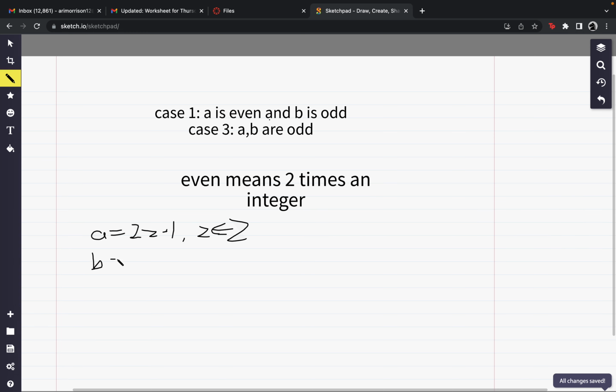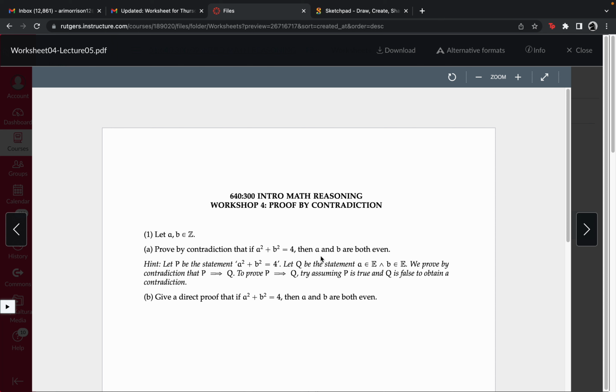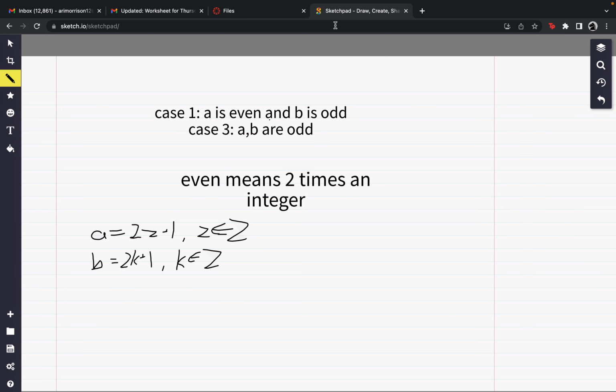And B will be 2k plus 1 for some k that's an integer. And now we're going to have 2z plus 1 squared plus 2k plus 1 squared equals 4. We're just going to plug it back into this. So A and B are being replaced by these expressions that we just made.